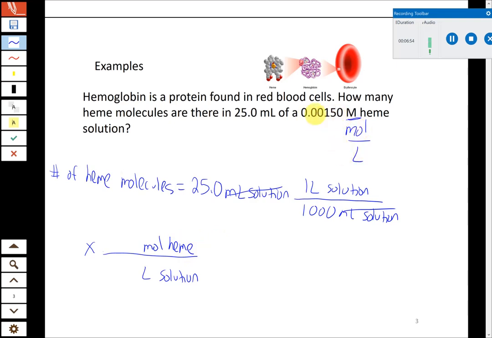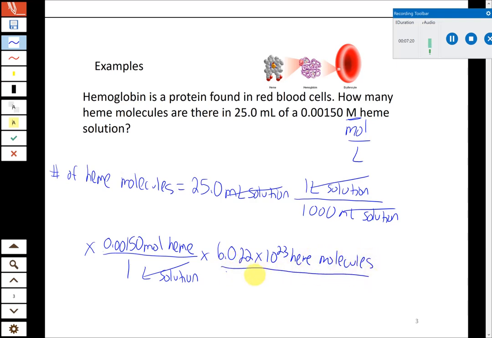So we're going to use that number as a conversion factor, 0.00150 moles of heme in 1 liter of solution. Okay, so this ratio allows us to convert volume of solution into moles. And then once we have moles, we can use Avogadro's number to figure out how many molecules that corresponds to. So 6.022 times 10 to the 23rd heme molecules in 1 mole of heme.